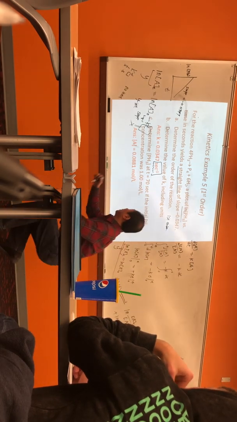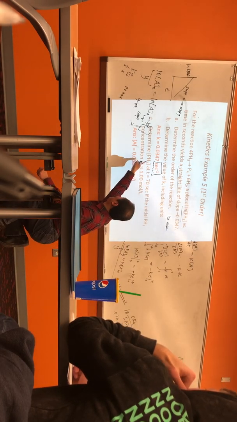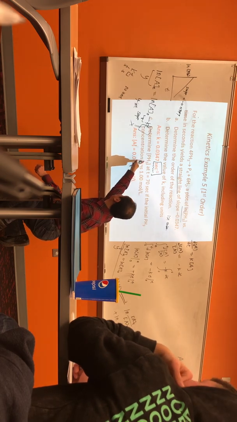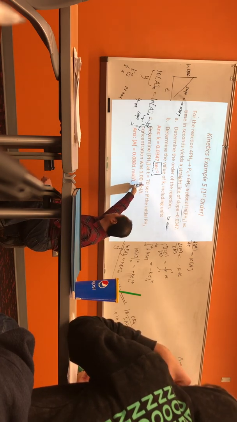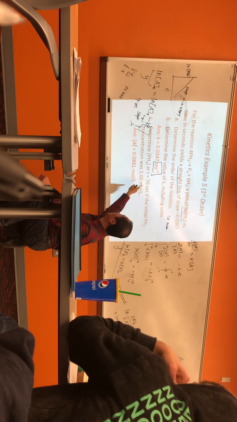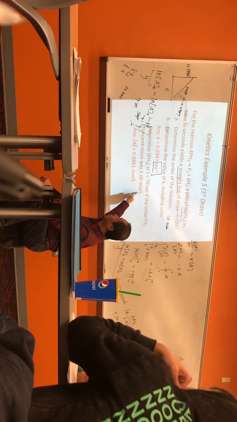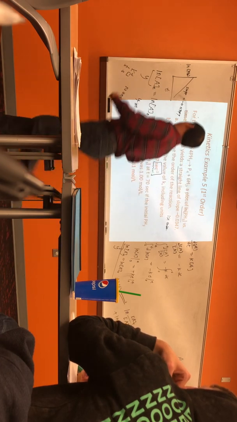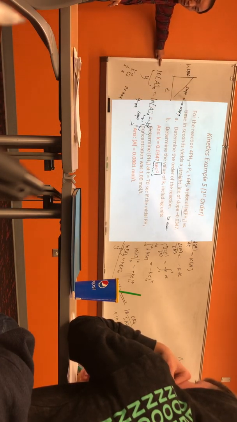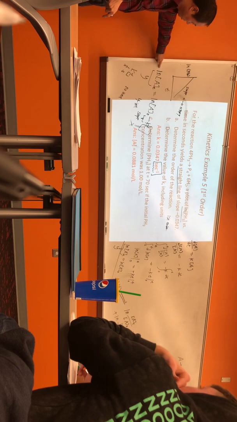Now they are asking for the concentration of this PH3 reactant at a later time, 70 seconds, and you are given an initial concentration like that. You just determine this will be your rate law, right?